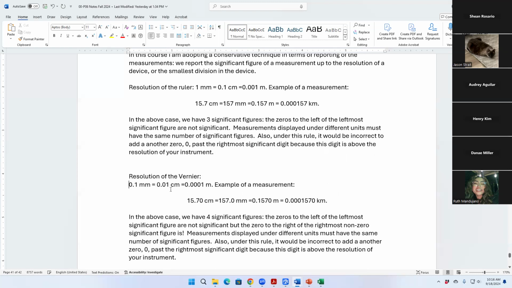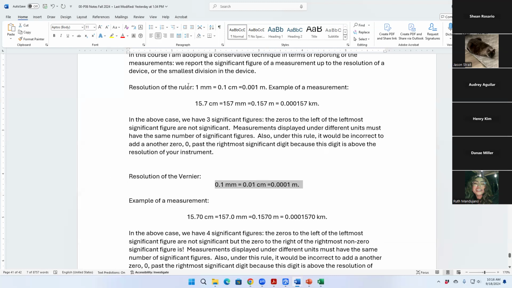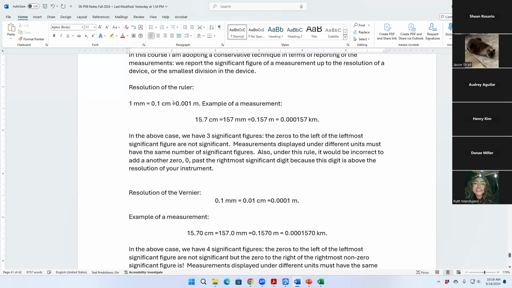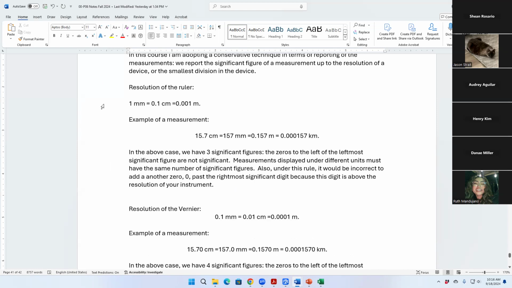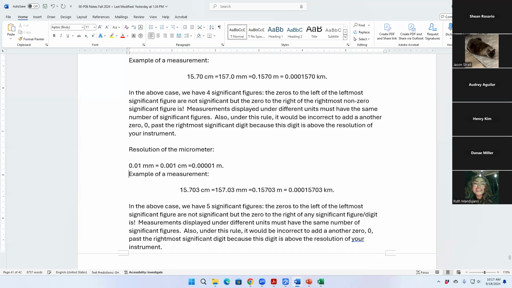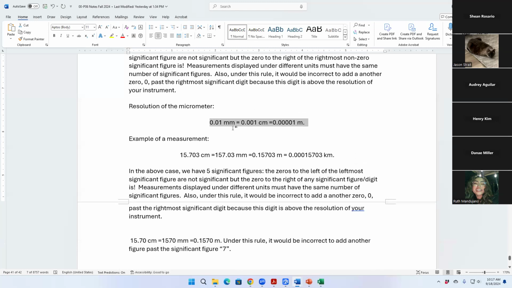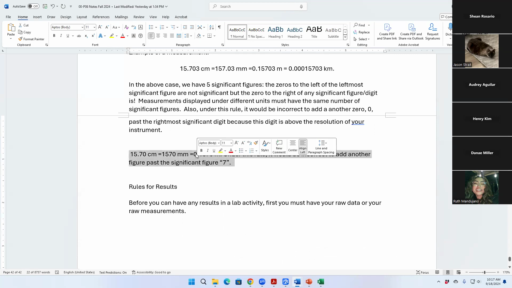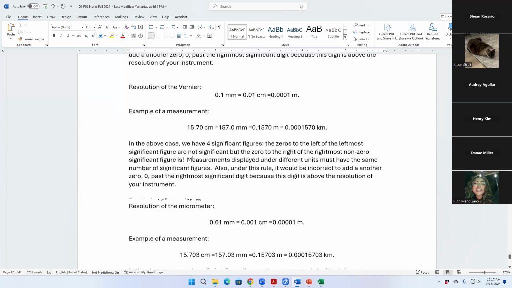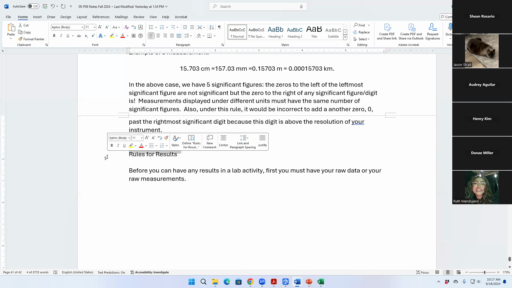Example of a measurement. So we have all the rules for measurements, and I'm going to boldface it here: rules for measurements, rules for results.